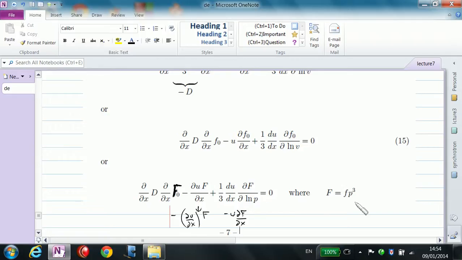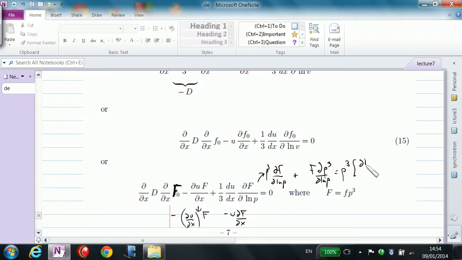But the other change I made here is I put this u inside, and df d log p is now different because df d log p is p cubed times df d log p plus f d p cubed d log p, and this is equal to p cubed times df d log p plus 3.